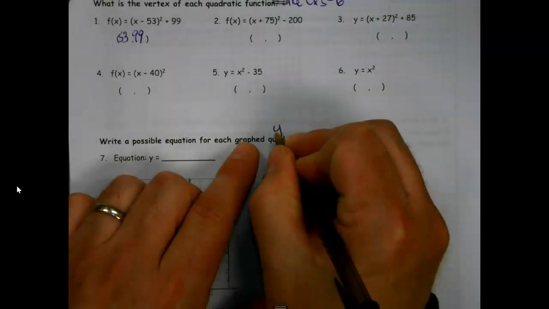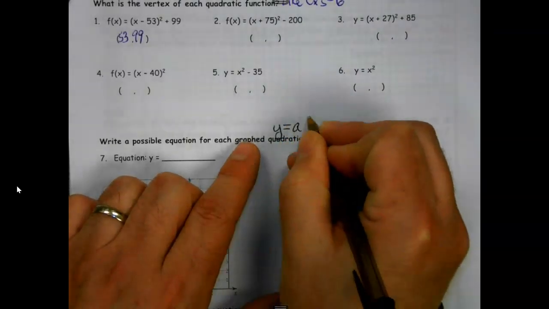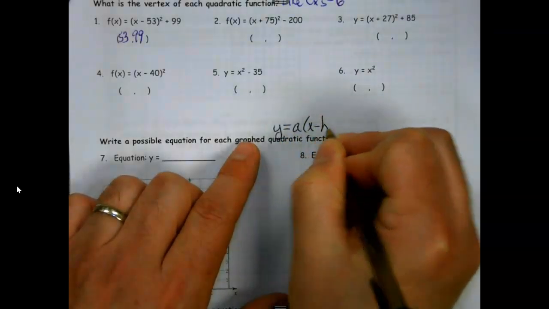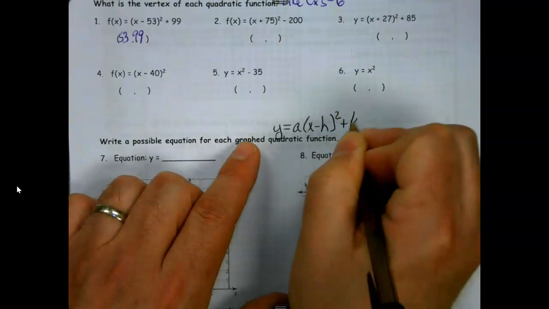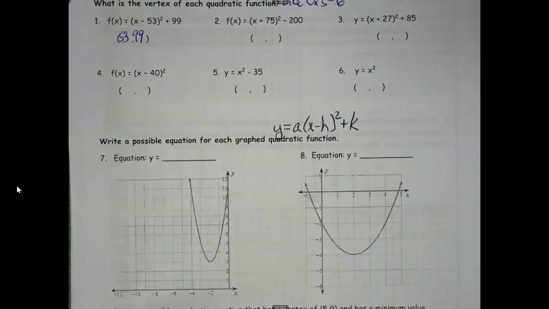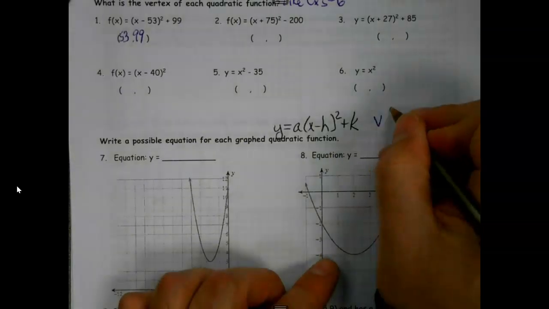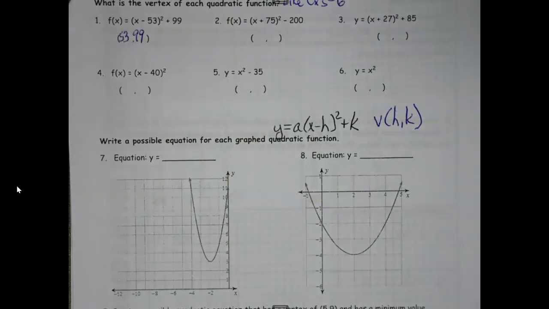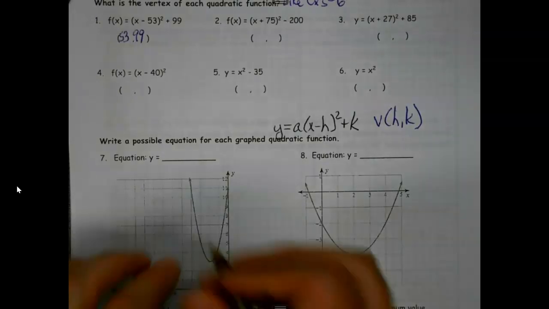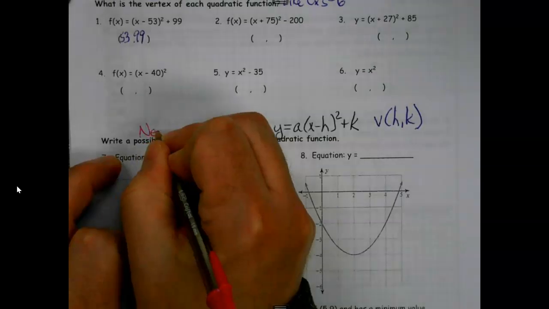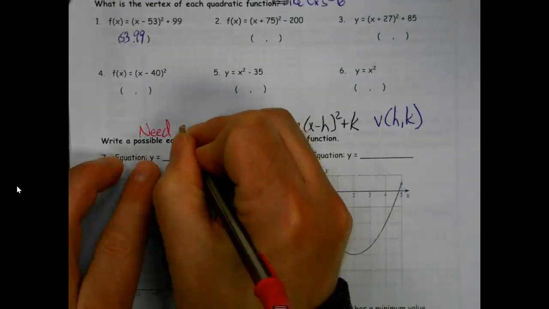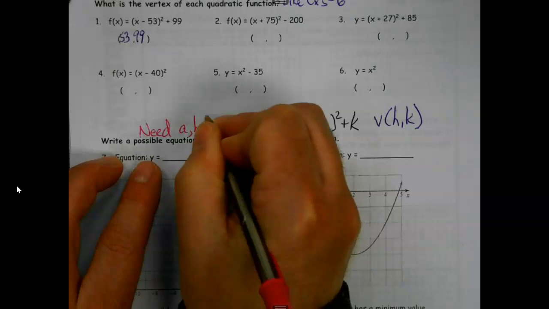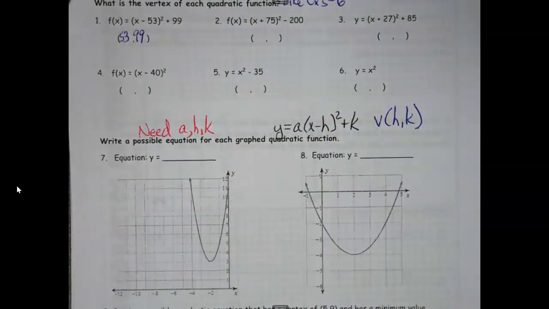Okay, so what I'm going to do here at the start is write the formula up here, and just a reminder that the vertex is this thing called H and K. So for me to be able to get the equation, I need to know what A, H, and K all are.